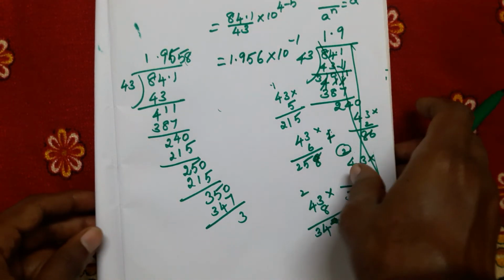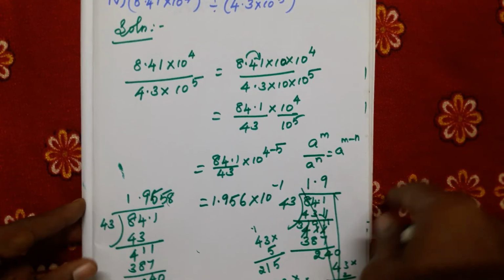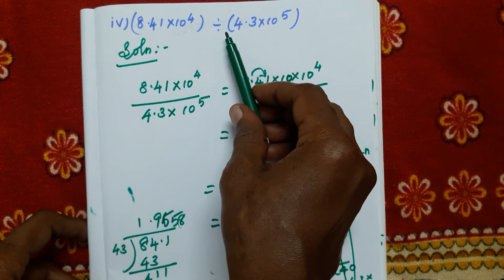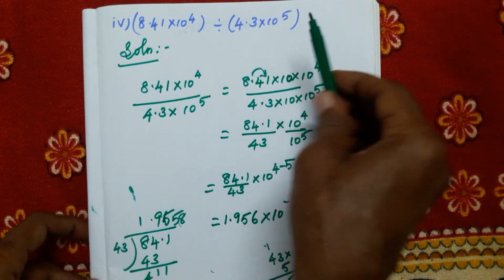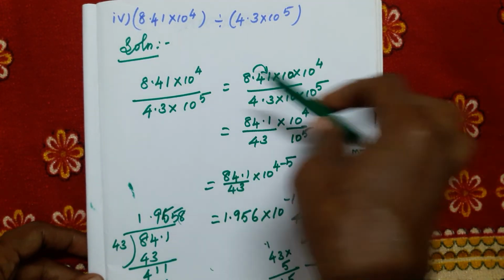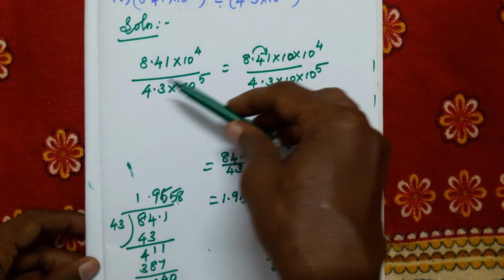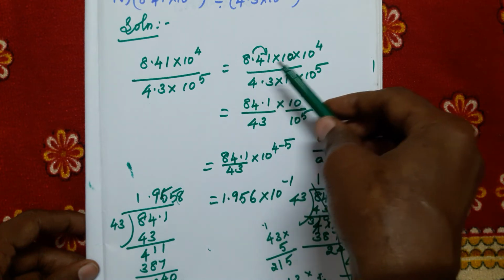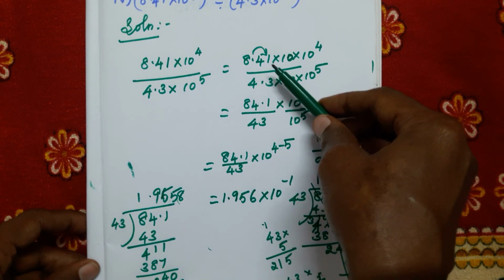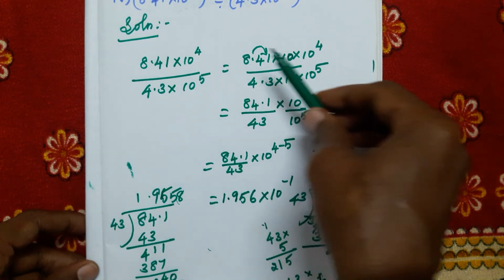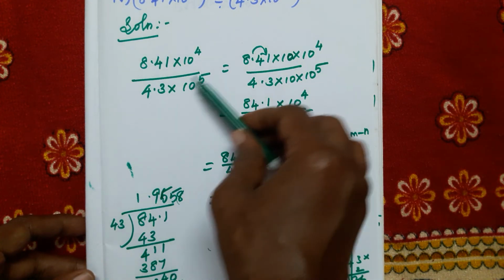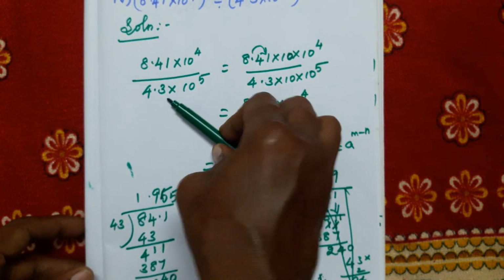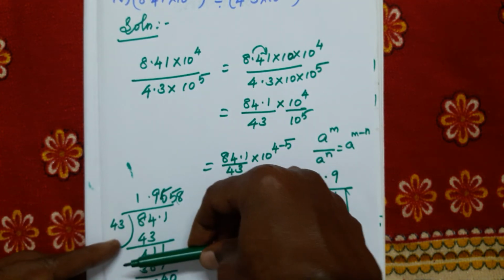Have you all understood this? One more time. First, 8.41 into 10 power 4 divided by 4.3 into 10 power 5. The question: 8.41 into 10 power 4 by 4.3 into 10 power 5. If the denominator is a decimal number, it is difficult to divide.